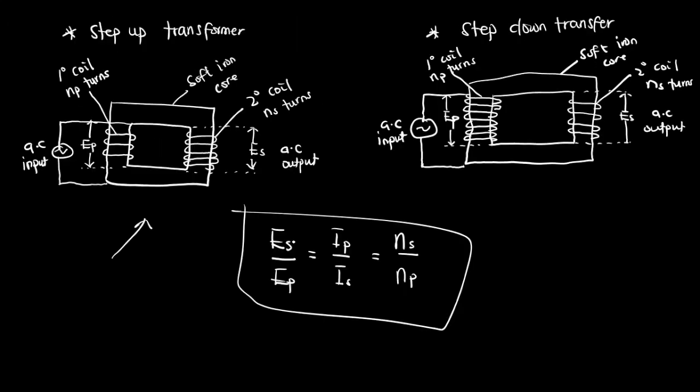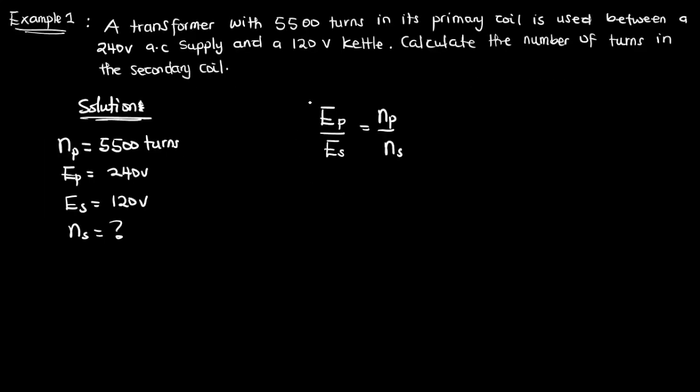So no matter which one you bring first, make sure you change it proportionally. So if it is ES, we are using ES, NS, EP, NP, right? So over here, I interchanged it. Either this, or you can bring the ES first, then ES over EP is equal to, make sure if it is ES at the top, it is NS at the top, and then NP at the bottom. Either way is going to give you the correct answer, right?